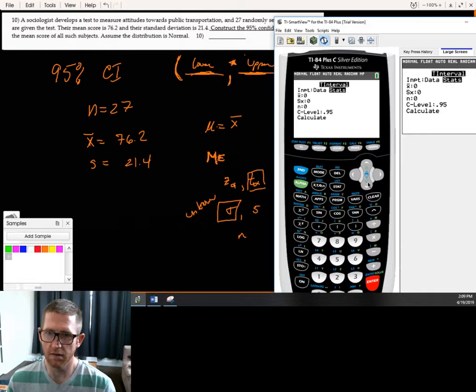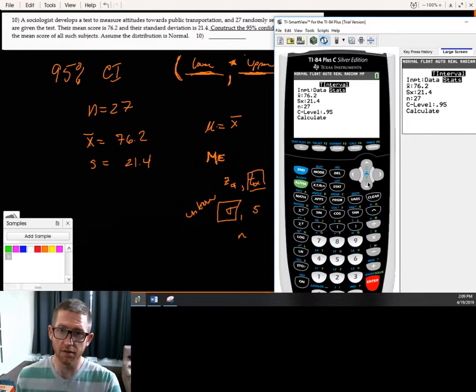So we're going to run a T interval based on the sample mean of 76.2, the standard deviation of 21.4, and size of 27. Confidence level 0.95.